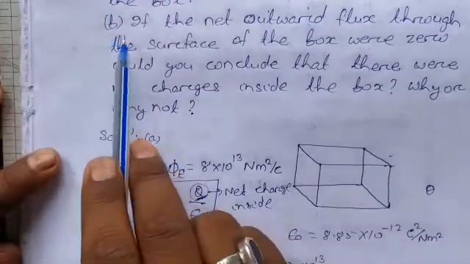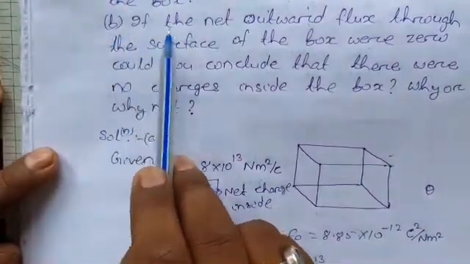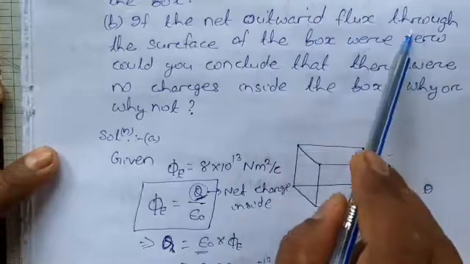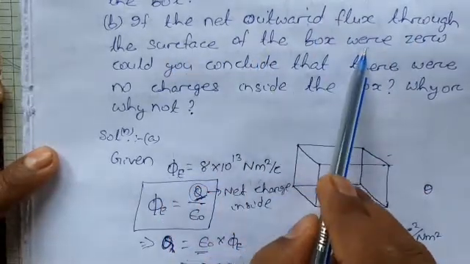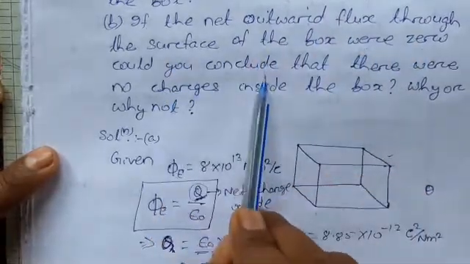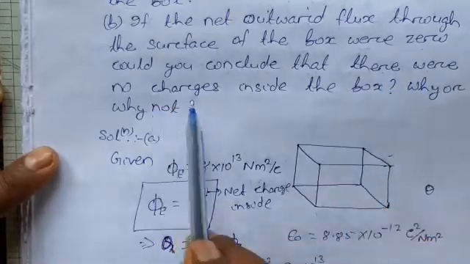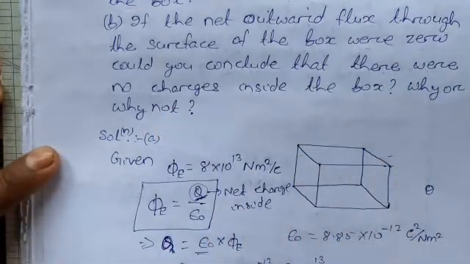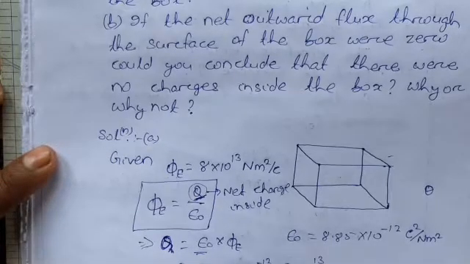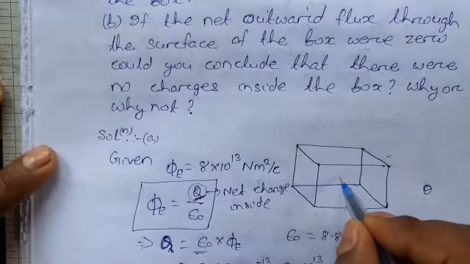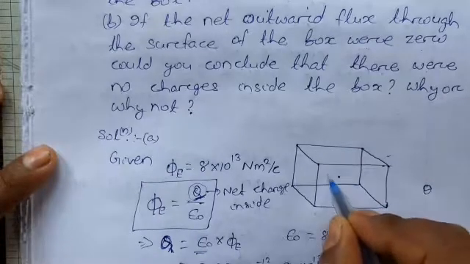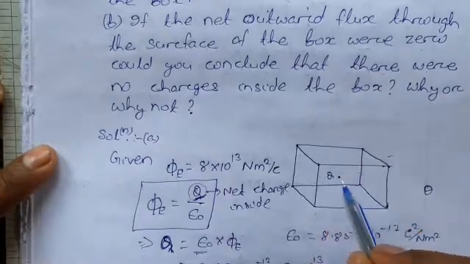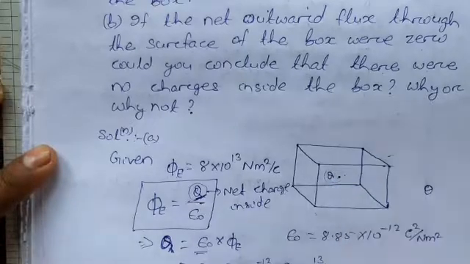See, in the B section given is, if the net outward flux through the surface of the box were 0, could you conclude that there were no charge inside the box? Why or why not? This is a very easy concept. I have discussed it in the note point of Gauss law. See, if I will take inside plus Q, so flux due to this plus Q I will get.